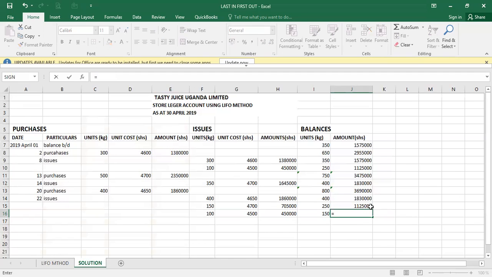Equal sign this minus this. When you see this 675, the reason why it is coming like that is because of this 150. It means that 150 is the only stock that is remaining from here. So it will be the 150.